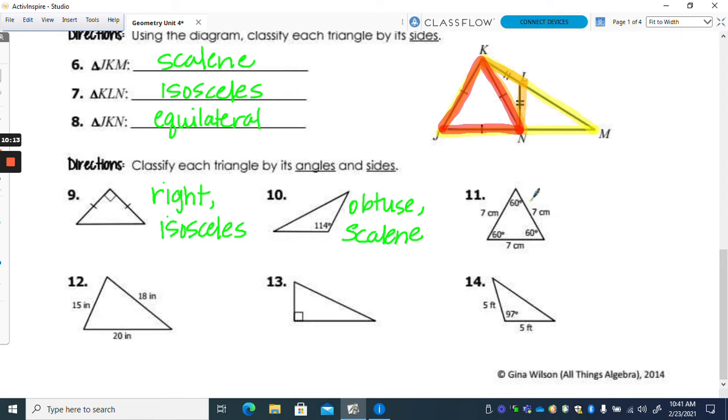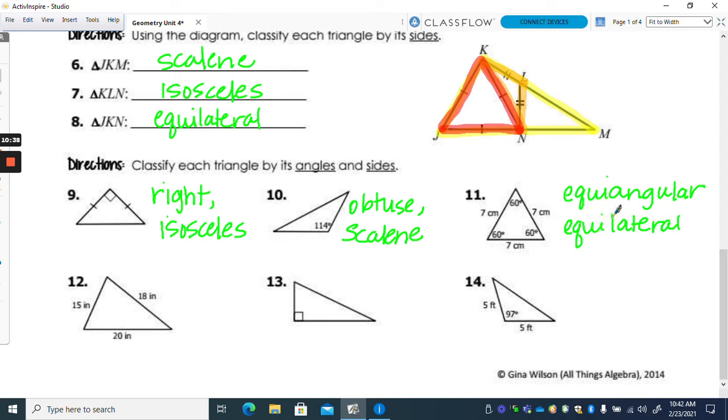So equiangular is a more specific classification than just acute. And if I'm classifying it by its sides, it is equilateral.